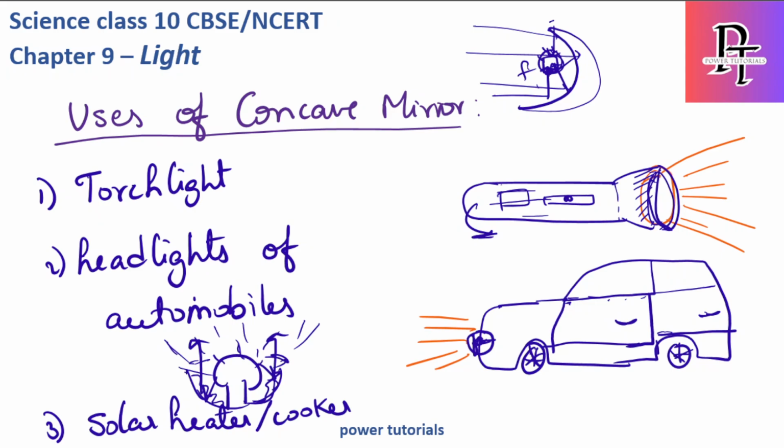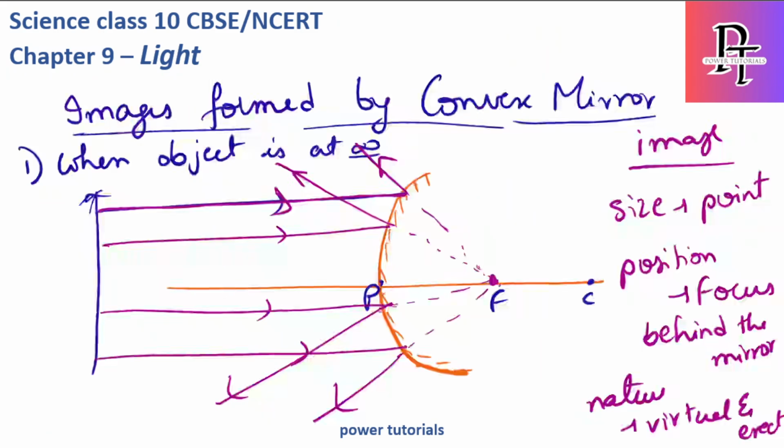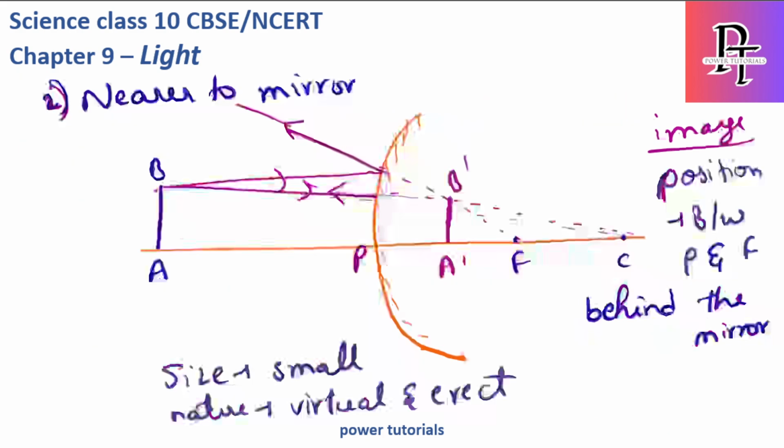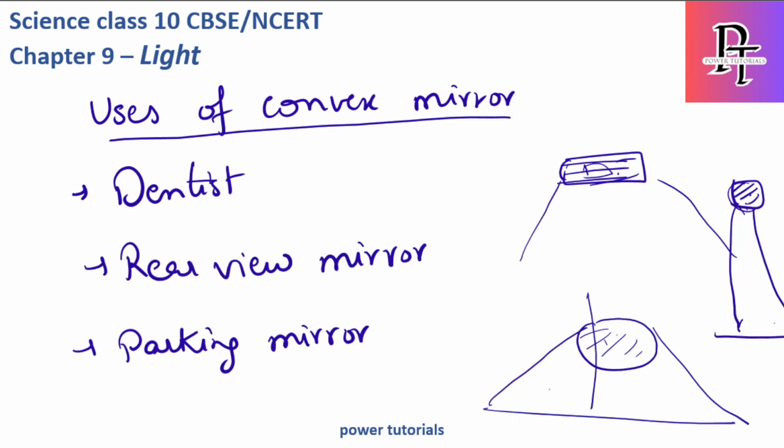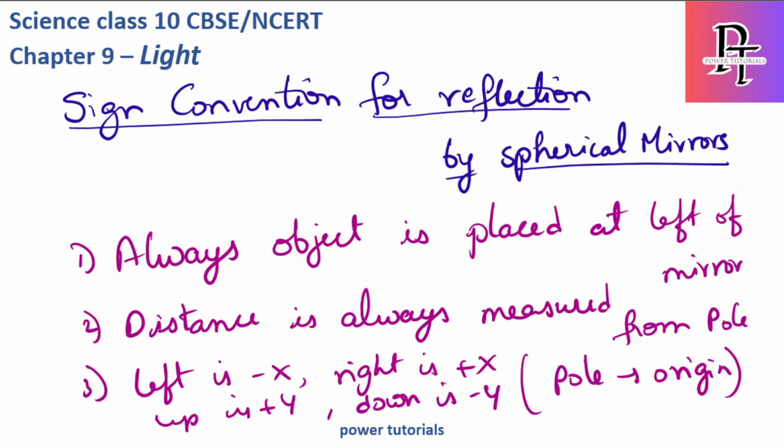We also covered the uses of the concave mirror, and then the images formed by the convex mirror with respect to the position of the object in front of it. We also covered the uses of the convex mirror, and then the sign convention for reflection by spherical mirrors, like the mirror formula, which is 1/v + 1/u = 1/f. We covered in which scenarios u, v and f will be negative.